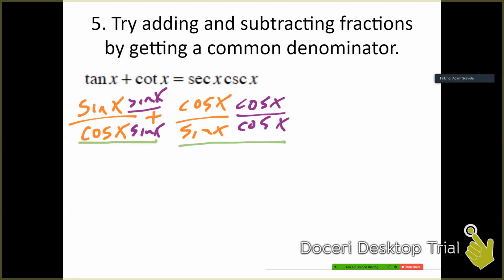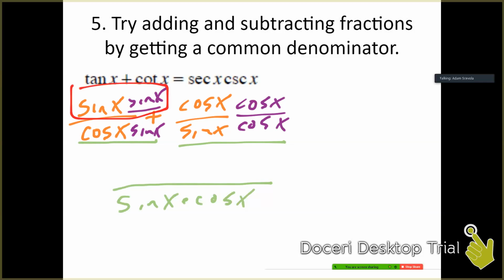They're just multiplied in different orders, so we can write it as sine of x times the cosine of x. All right, the numerators: sine times sine is sine squared, so we can write sine squared of x plus, and then cosine times cosine is cosine squared of x.